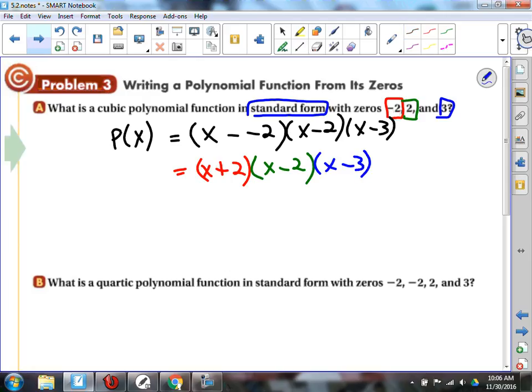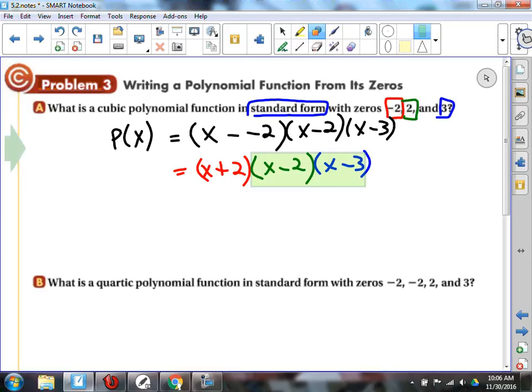So we could stop there, but you know, it does say standard form, doesn't it? Because of that, we've got our work cut out for us. A couple different ways of going about this. You could multiply these two first and then distribute the x minus 3 in. You could multiply these two first and then distribute the x plus 2 in. I'll be honest with you, there's one way in this particular problem that's way better, and I hope somebody recognizes it.